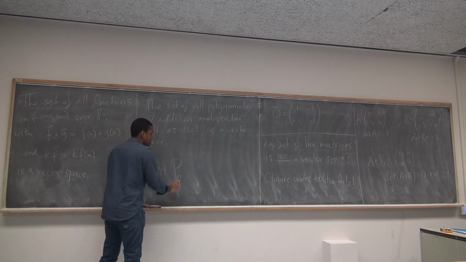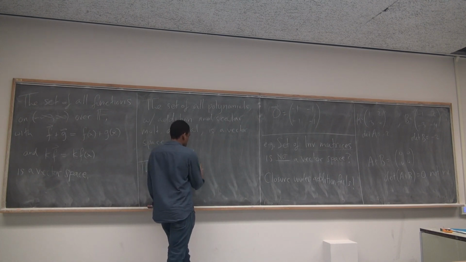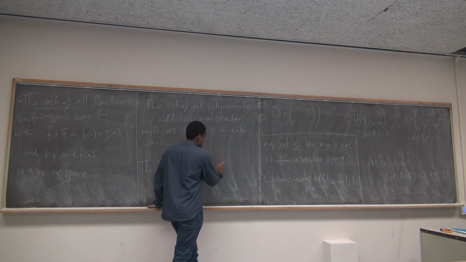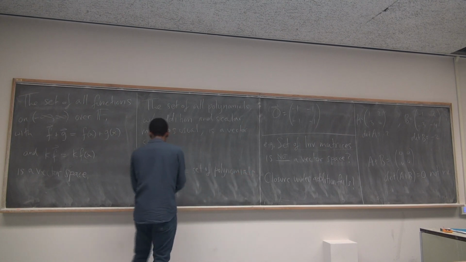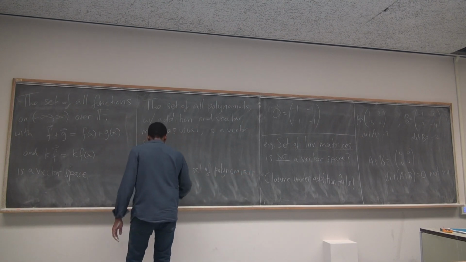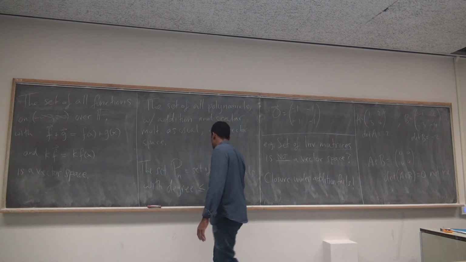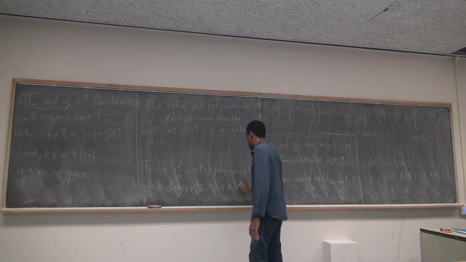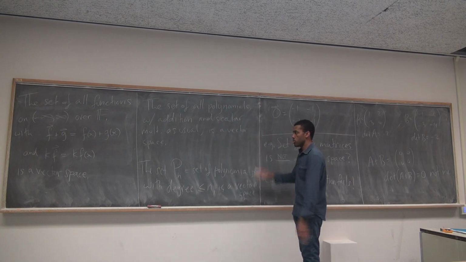The set Pn, which is a guy we're going to be talking about all the time, which is just the set of polynomials with degree less than or equal to n, is a vector space, with the usual addition and multiplication.